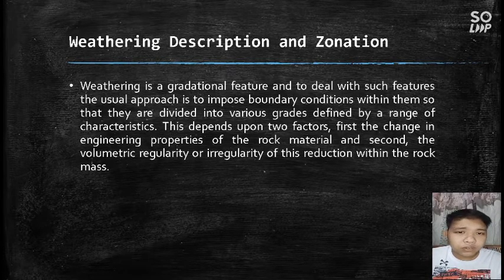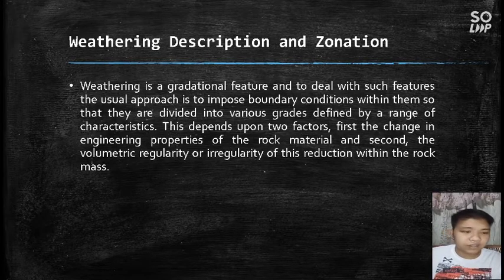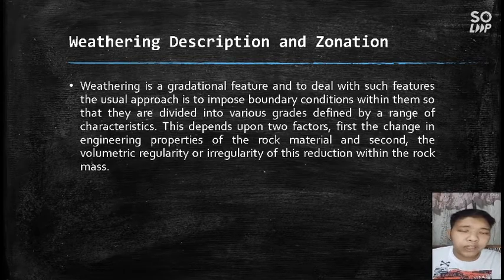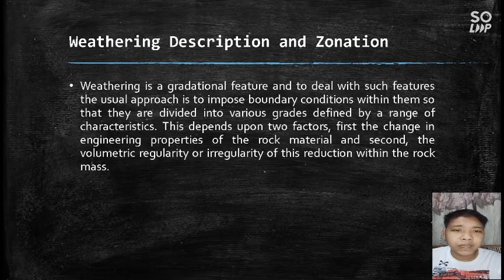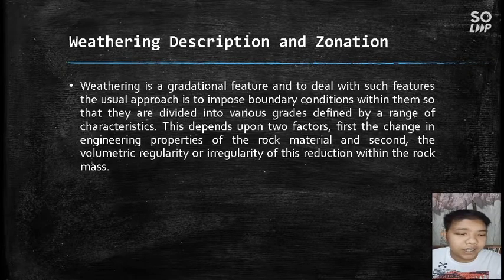So now we use methods to divide weathering into specific characteristics or grades. In doing this, we need to keep in mind that there are two factors for us to divide the weathering grade: the volumetric regularity or irregularity of the rock mass and the engineering properties of the rock material.